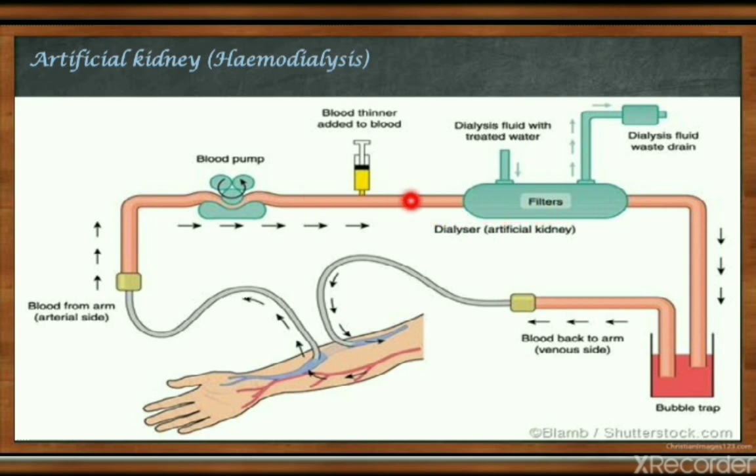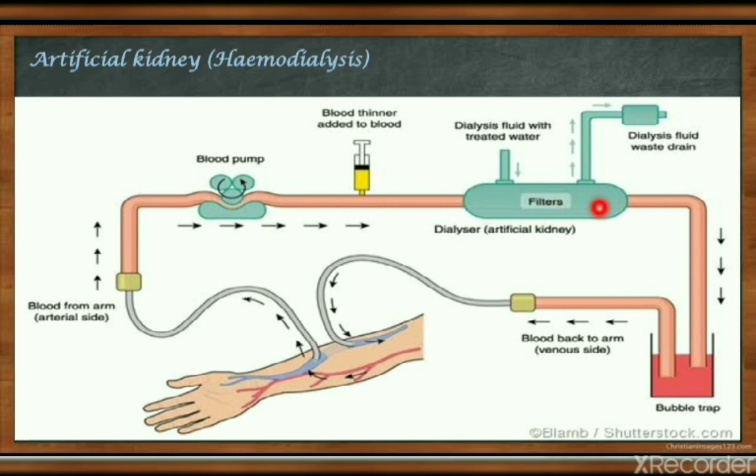So the blood which comes from this side has a higher concentration because it has urea. When it enters inside, the liquid which is present here has a lower concentration, because all the blood components are present except urea, so here is a lower concentration.